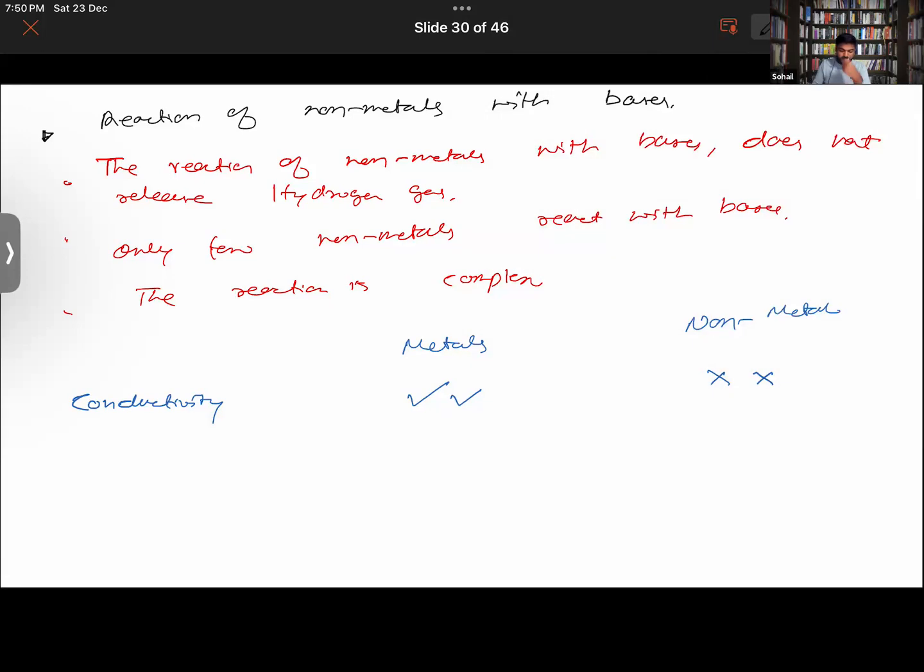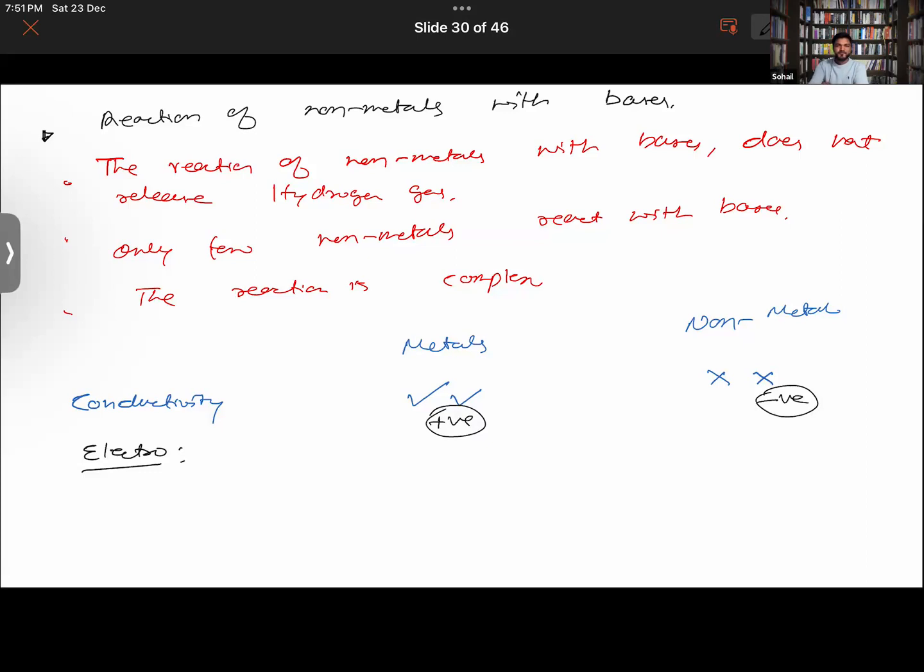Okay. Metals are electropositive and non-metals are electronegative. Good. Metals lose electrons easily, meanwhile non-metals attract electrons.